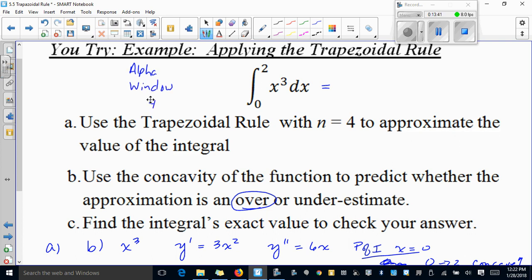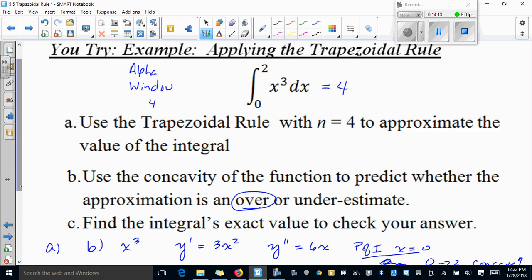So let me do that, alpha window 4, and if I go 0 to 2 of x cubed, I'm going to get 4. So now that we're predicting that it's an overestimation, with that idea, we're going to expect to get an answer larger than 4. All right, so let's go in there and see what we get.